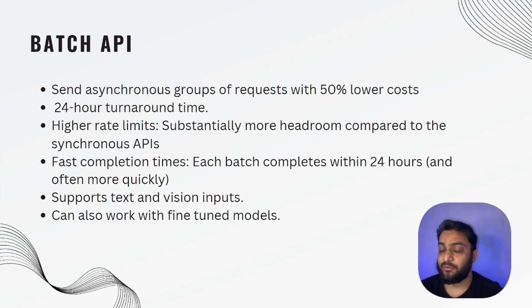If you have a batch, that's even better. Because of this, you might not be able to use some of their more nuanced models, for example text to speech, because they only support text at the moment. It can also work with fine-tuned models, so the models that you built in our previous sessions, you could use the same model.